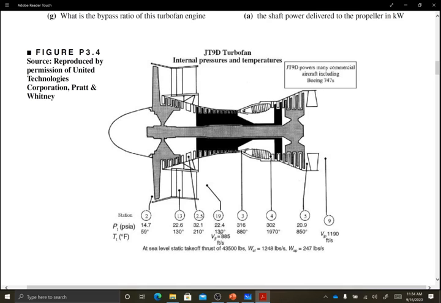Does that include the top and the bottom, since there are multiple inlets and outlets? Top and the bottom? What do you mean? Remember when we were talking about the bypass ratio? Yeah, when we were talking about turbofans, they have multiple inlets and outlets. That's right. It is exactly the same thing here.